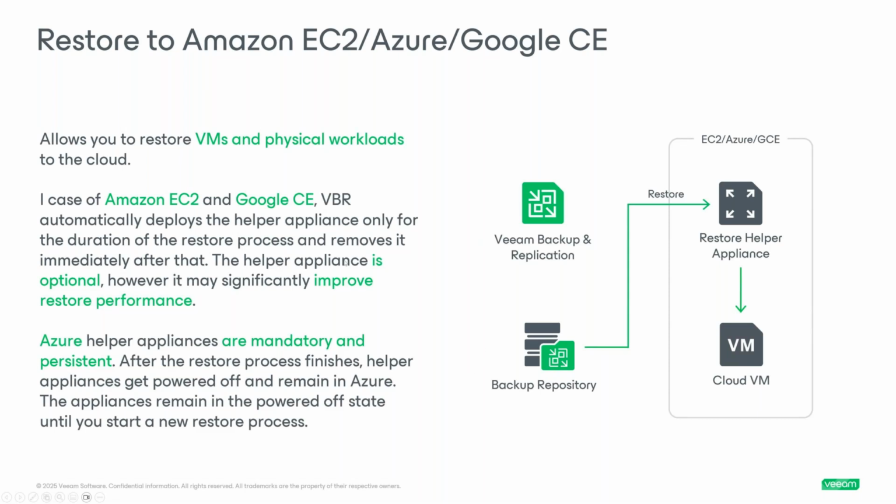Most of those helper appliances for Amazon EC2 and Google are only used during the restore process and then are removed afterwards. And they significantly improve restore performance. But if you're using the same thing for Azure, it will be persistent, but will be powered off once the restore has run.